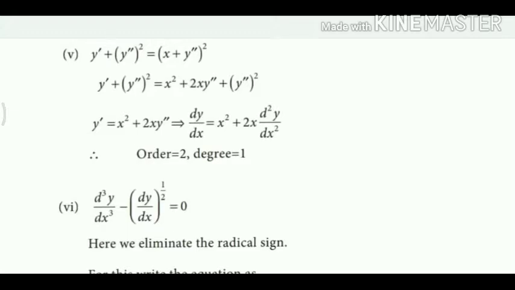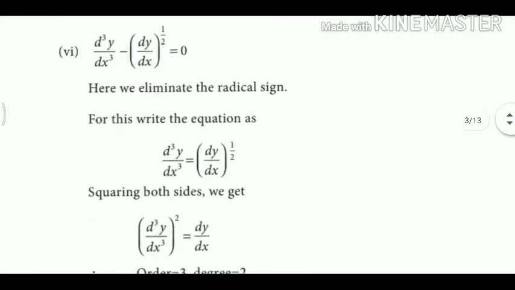d cube y by dx cube minus (dy by dx) whole power 1 by 2 equal to 0. Listen, here also the power 1 by 2 is given, so we have to eliminate this radical sign. For this, write the equation as d cube y by dx cube equal to (dy by dx) whole power 1 by 2.